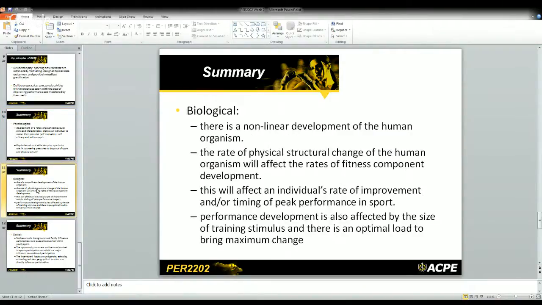Then we have our biological, and remember, everyone grows differently. It isn't linear. People have growth spurts, and it's about understanding at which time the biological concepts and what they can do. If you've got a young child whose cardiorespiratory system is not fully developed, there's no way we can train them for long-term endurance capacity because their physiological makeup will not allow for that.